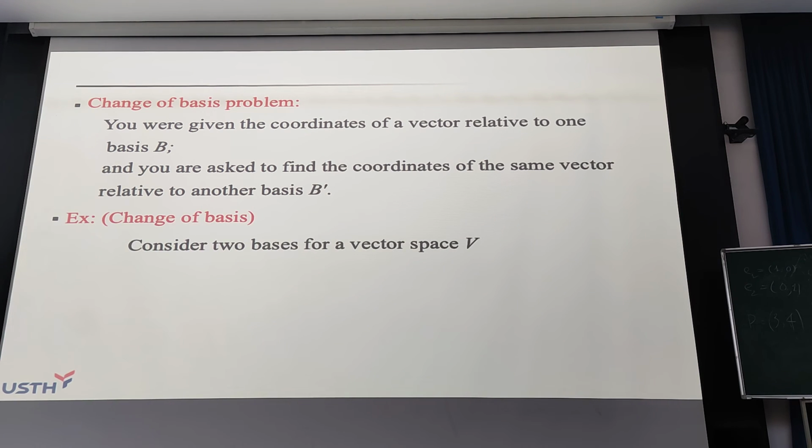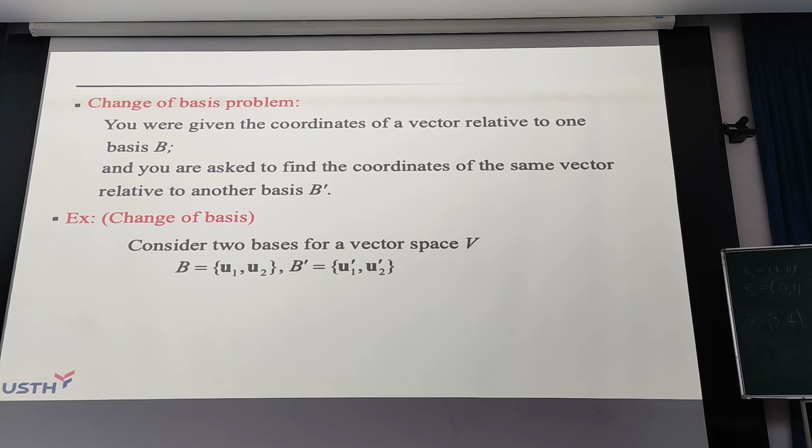Suppose that I take the example, once again, from high school. We consider a very easy case, the coordinate plane V. V will have the basis B, U1, U2, and B prime, U1 prime, U2 prime.